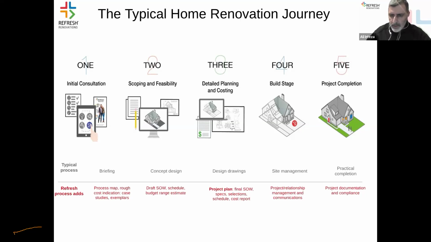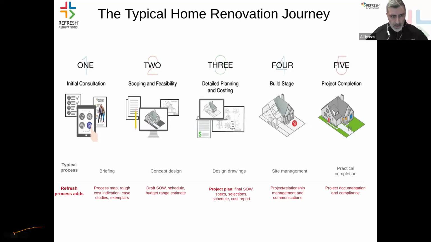And this is where a planning permission stage would also come in. However, at this stage, we take our customers through material selection so we can come to a stage where a final and fixed price can be agreed for the project. And then a build contract is signed before the construction is undertaken. And finally, the project is completed and all the necessary documentation provided to the customers. So this is a typical home renovation journey, but a structured 5-step process that Refresh Renovation always adheres to when working with customers.